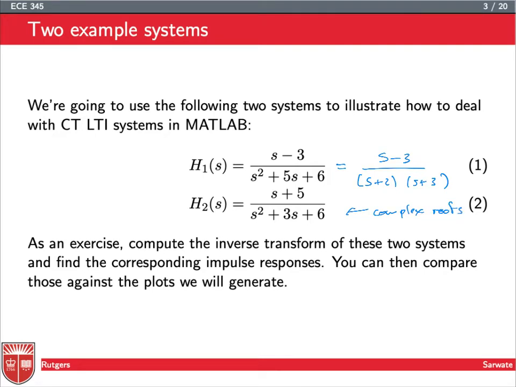You can use the quadratic formula to find that: minus 3 plus or minus the square root of 9 minus 36, divided by 2. So we get minus 3 halves, and the square root of minus 27, which is 3 square root of 3. So plus or minus 3 halves square root of 3 j.